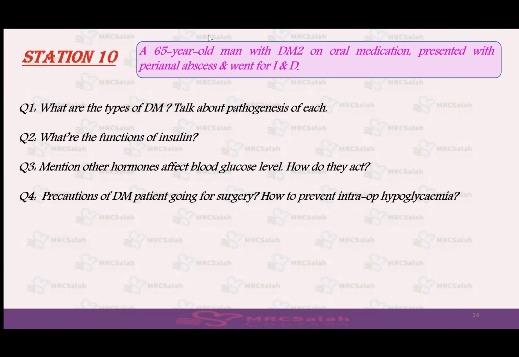Which type of insulin will you give, and by what modality? Subcutaneous. You will give him subcutaneous insulin while he's going for surgery, or intraoperatively? No, skip, I don't know.